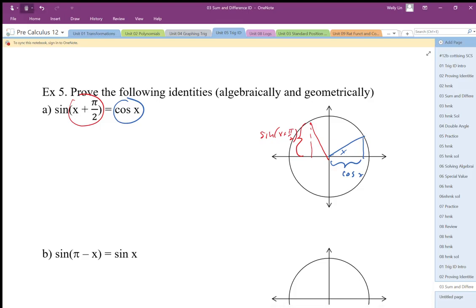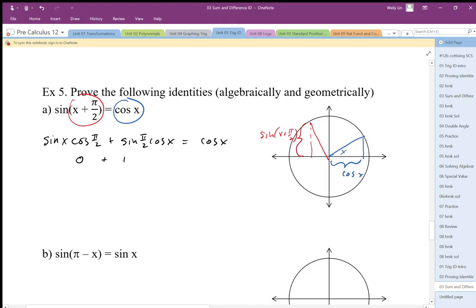Now we can just plug it into our identities though, and it's much easier. My formula says sine x cosine of 90 degrees plus sine 90 times cosine of x, and that's equal to cosine x. Cosine of 90 is 0, so that becomes 0.